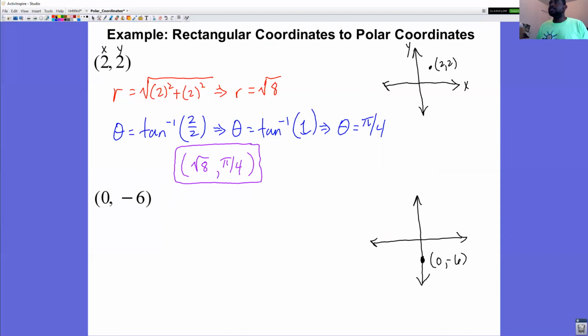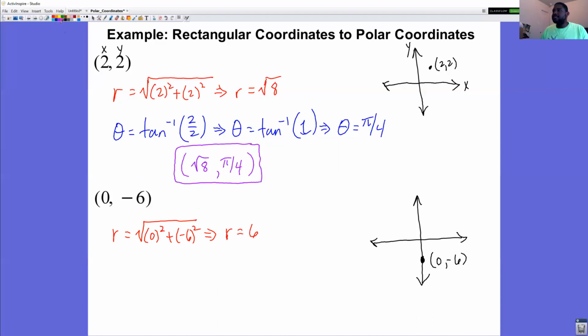But let's do the more analytical approach. So we're going to find r. So r is the square root of 0 squared plus negative 6 squared. So pretty much what's going to happen is you're going to end up squaring the negative 6, which is 36, and then square root of 36 is 6. So r is 6.